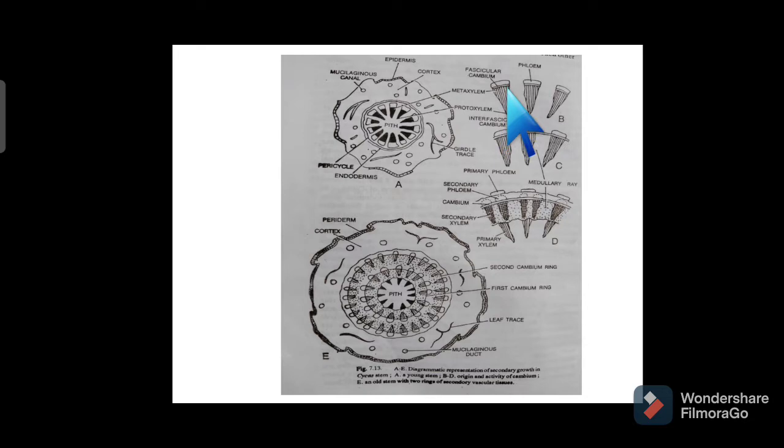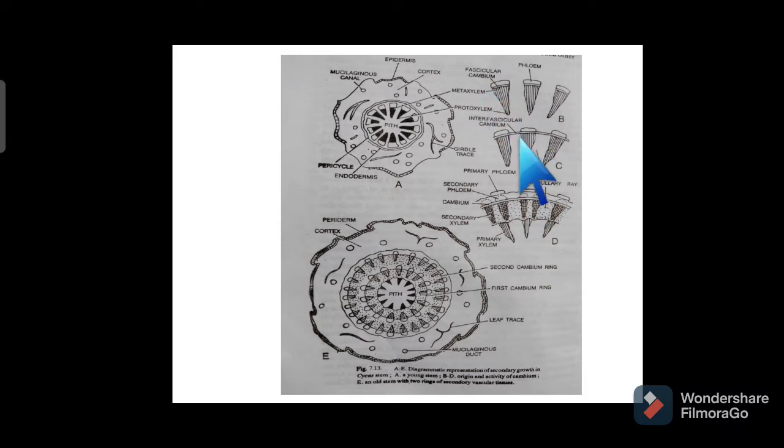So this cambium between the xylem and the phloem is known as the fascicular cambium. So the cambium present in each vascular bundle is known as the fascicular cambium or intrafascicular cambium.